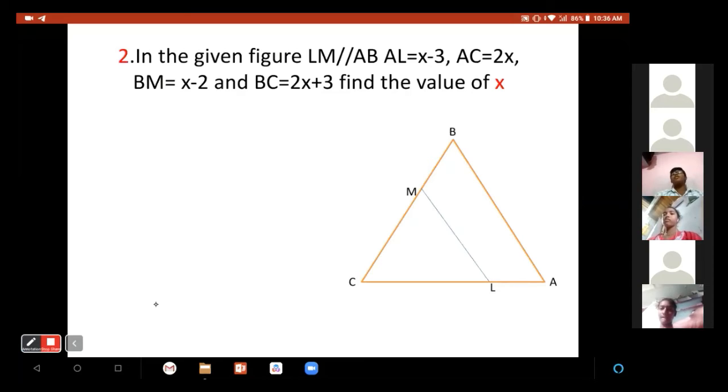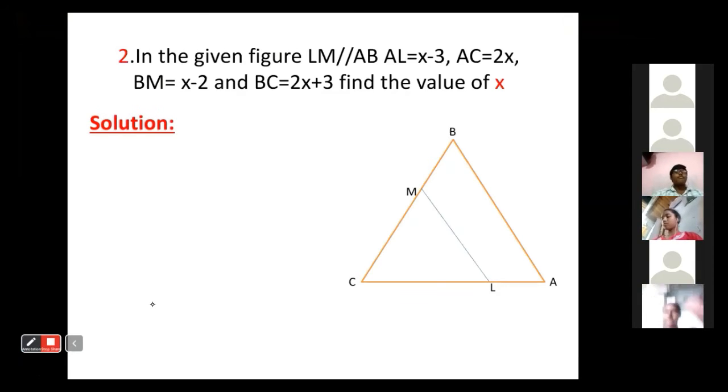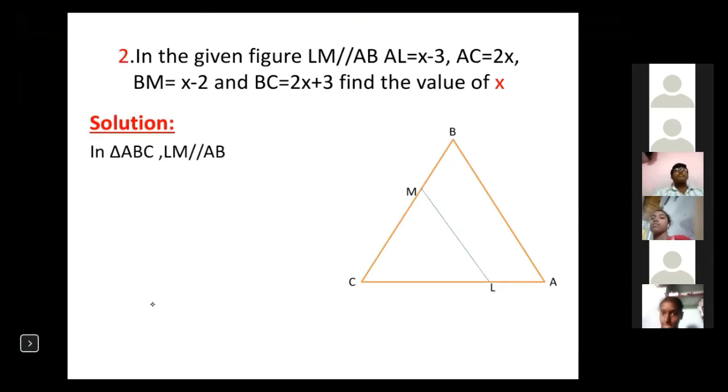Now, in triangle ABC, LM is parallel to AB. One side is parallel to another side in a triangle, so automatically the basic proportionality theorem applies. That is, the ratio of the other two sides are equal.